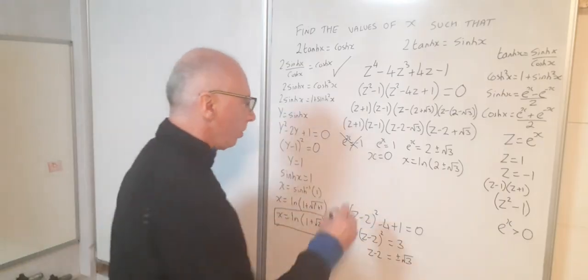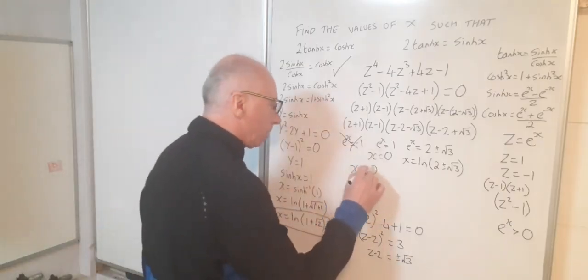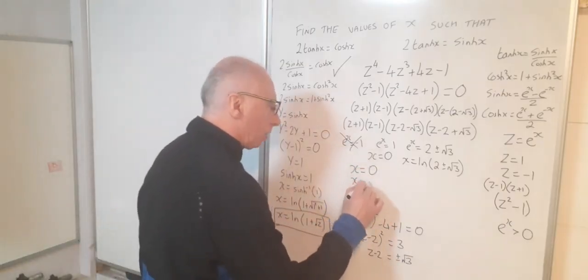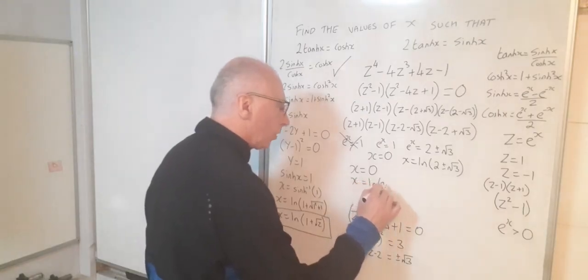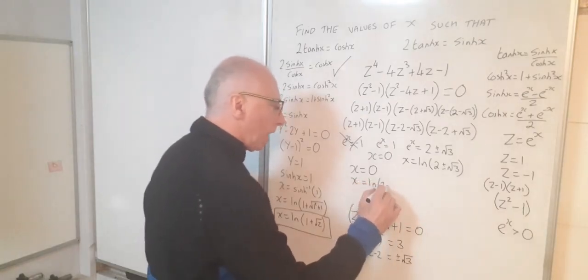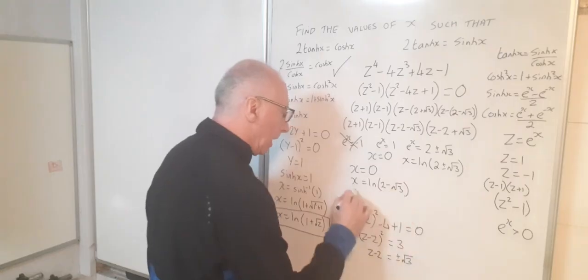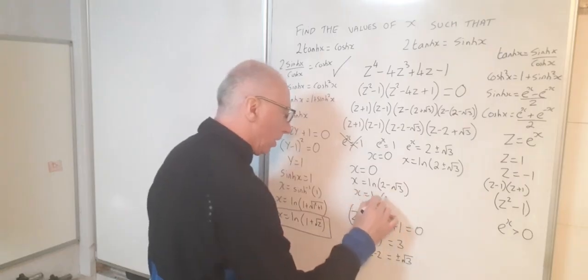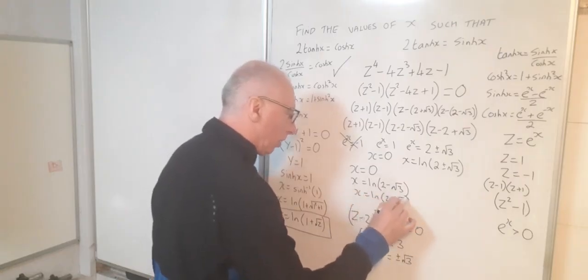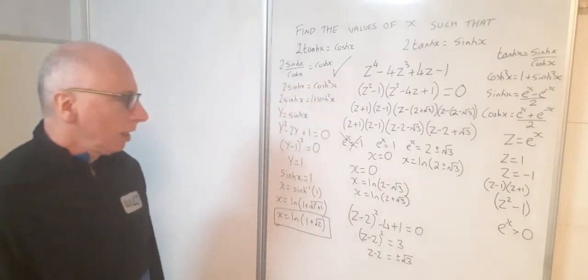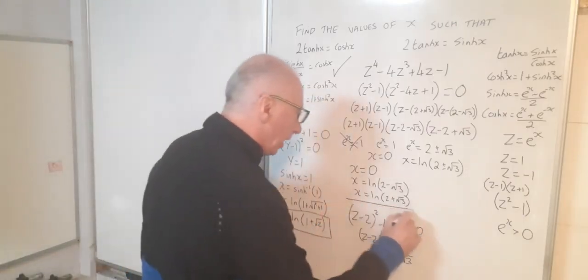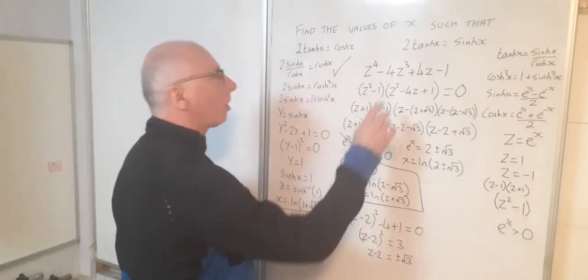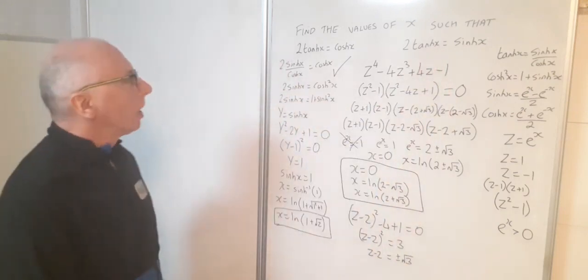So our three solutions are at x equals 0, x equals the natural log of 2 minus root 3, and x equals the log of 2 plus root 3. So that is our final answer and how to solve for this one. Okay.